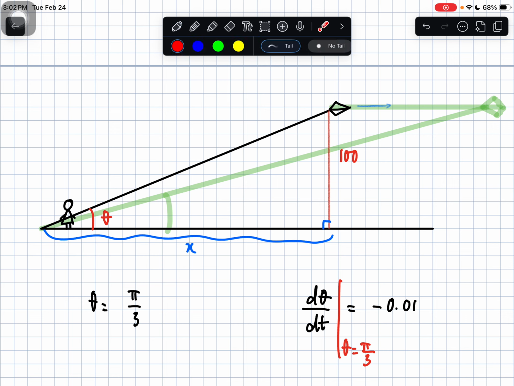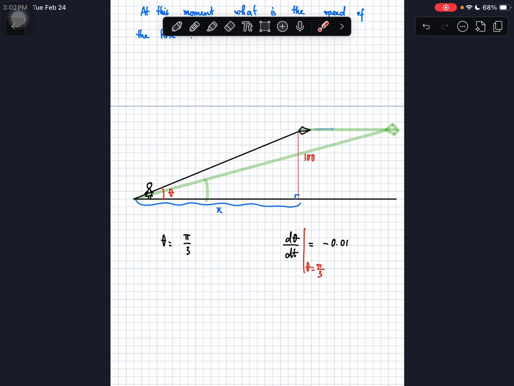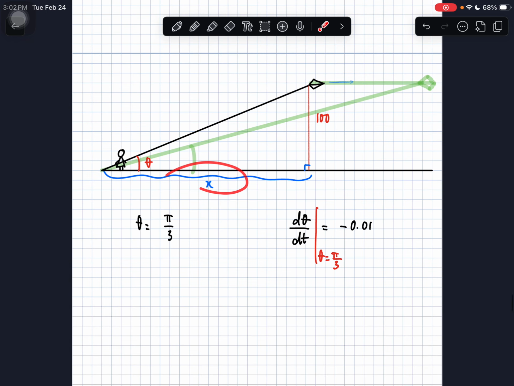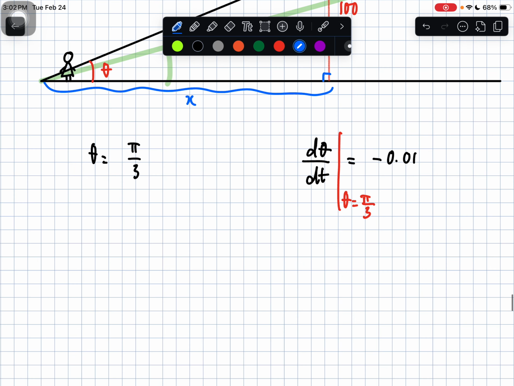And then when the kite moves in this direction, the distance keeps increasing. This x keeps increasing. So we now have the speed of the kite in this case corresponding to dx over dt.